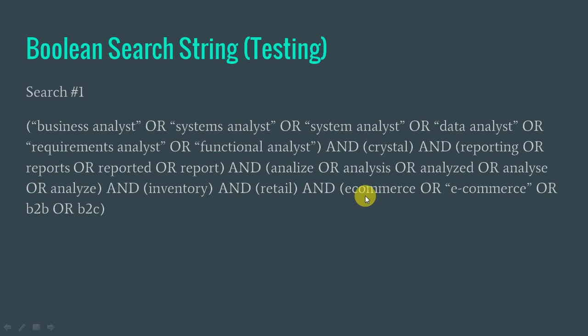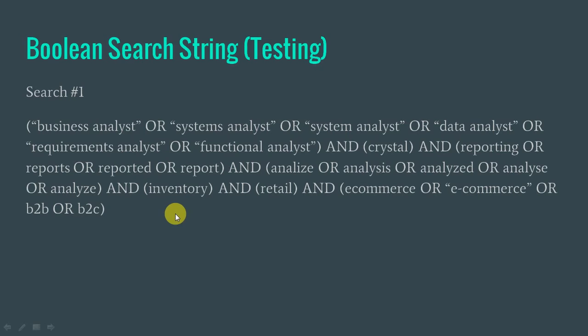And e-commerce, or B2B or B2C, business to business, just that. So this is a very specific search string. As you can see, it involves the e-commerce experience, the word retail, inventory, analysis, the word report, the crystal tool, and the title.